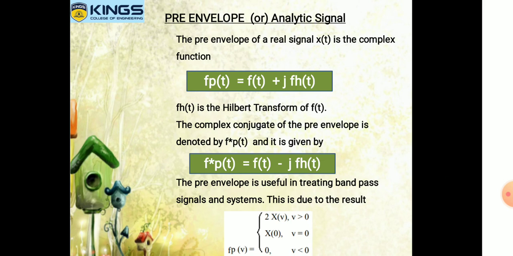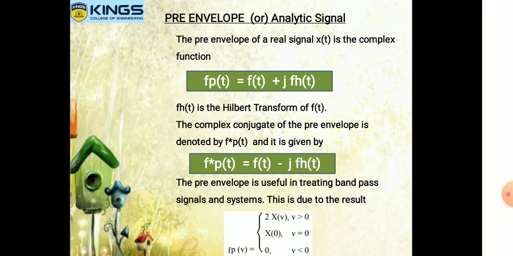So fp of t will be equal to f of t plus j fh of t. Here fh of t is the Hilbert transform of f of t. The pre-envelope fp of t is a complex valued signal. The real part of fp of t is f of t and the imaginary part is its Hilbert transform fh of t.